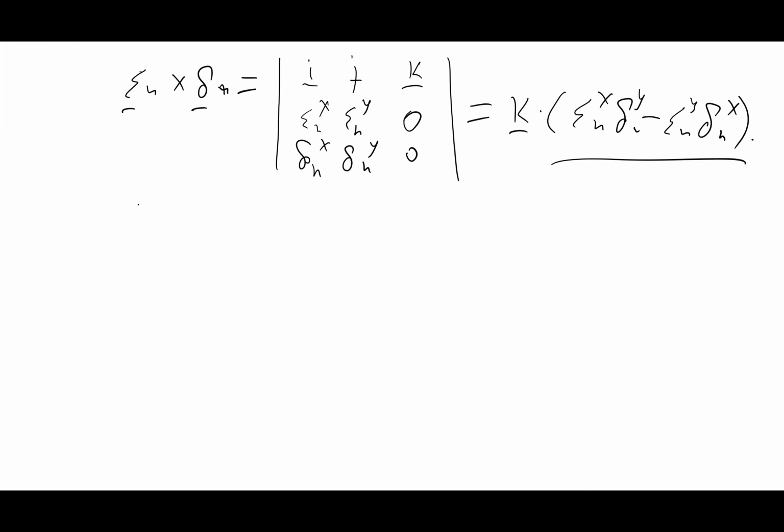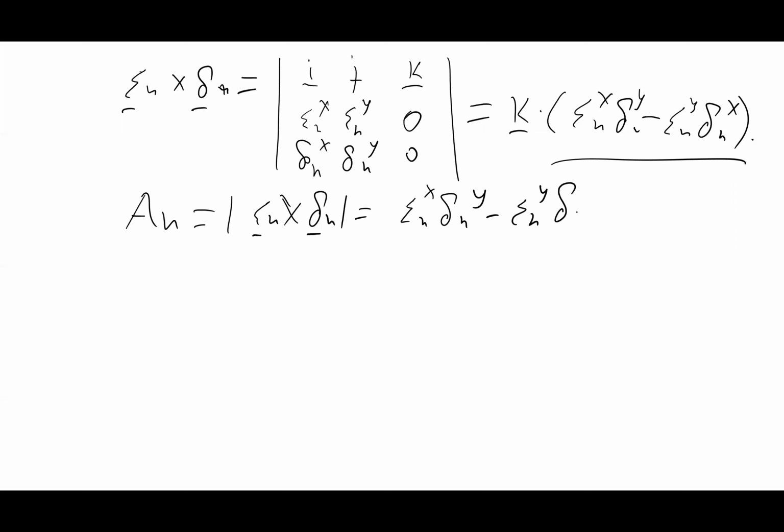And therefore, A_n is the length of this vector, and this will be equal to epsilon_n x delta_n y minus epsilon_n y delta_n x.